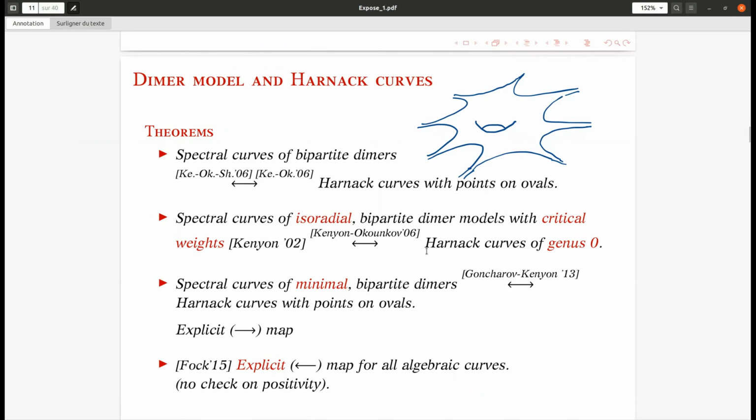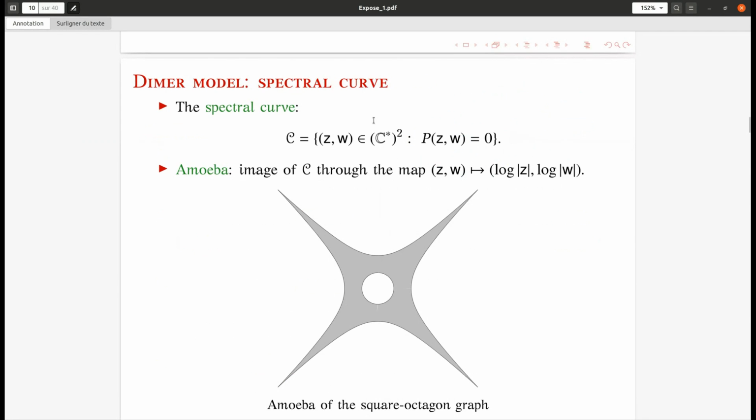Okay, and so now I will tell you about results on exactly the dimer model and these spectral curves. It turns out that the spectral curves for the dimer model have remarkable properties. They're not just any curves, they are Harnack curves. And there have been quite a few results about this.